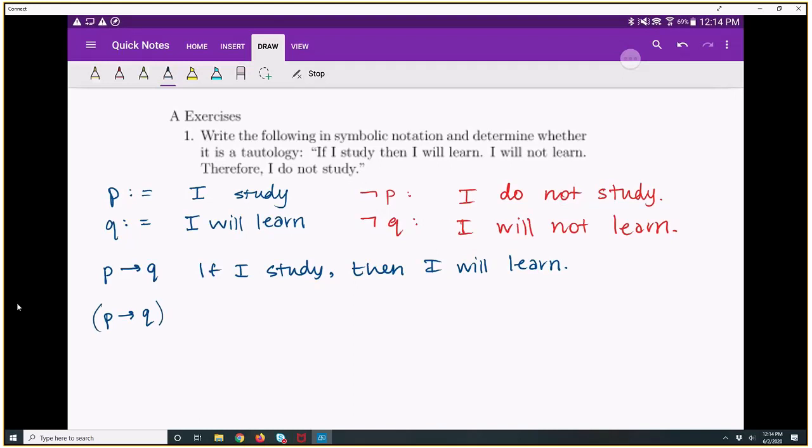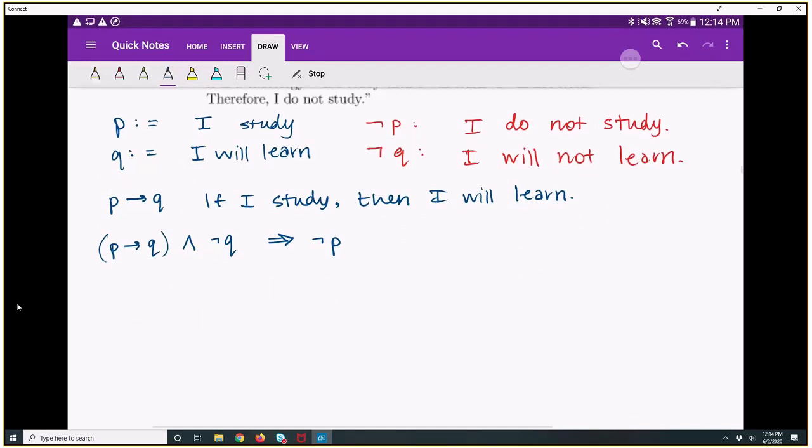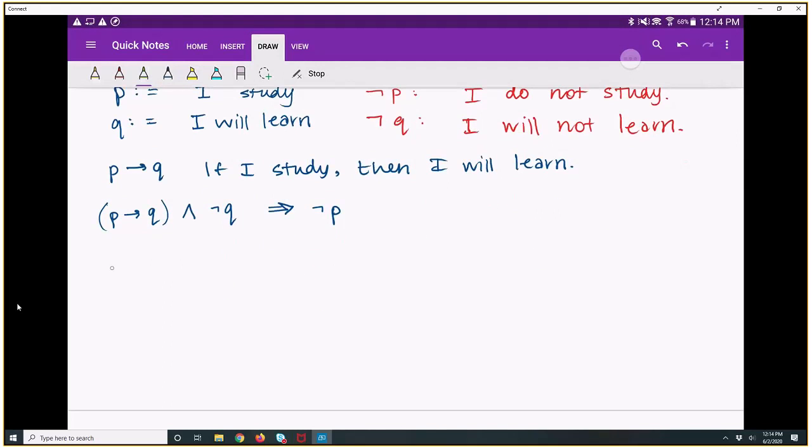I'm going to put that in parentheses because I also have and I will not learn, so not Q. Therefore, I do not study should be implies not P. And then we're asked to determine whether or not this is a tautology. So let's go ahead and create a truth table with two propositions, P and Q. So we'll have 4 rows.